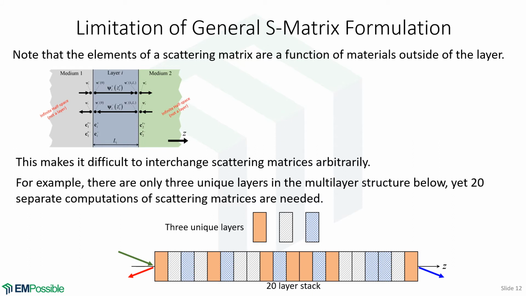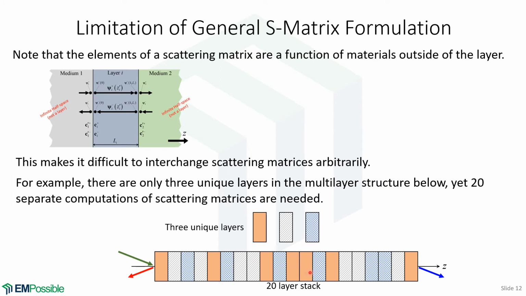for the 20 layers. However, since the scattering matrix for layer I depends on what's on the outside, if I come down here to, for example, this orange layer, it's got a green striped layer on its left and a blue checkered layer to its right. That would have some scattering matrix. Over here, we have an orange layer to the left and a blue checker to the right.